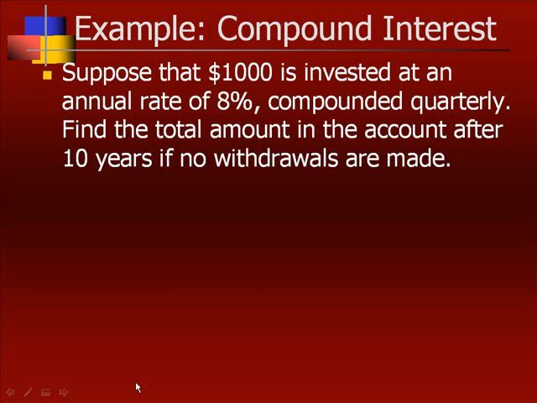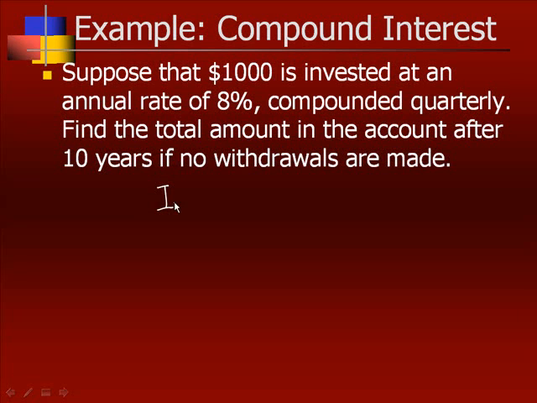So let's do one. Suppose that $1,000 is invested at an annual rate of 8%, compounded quarterly. Find the total amount in the account after 10 years if no withdrawals are made.